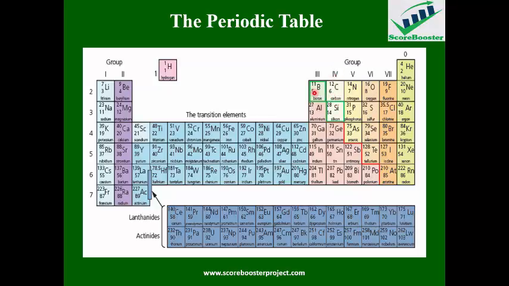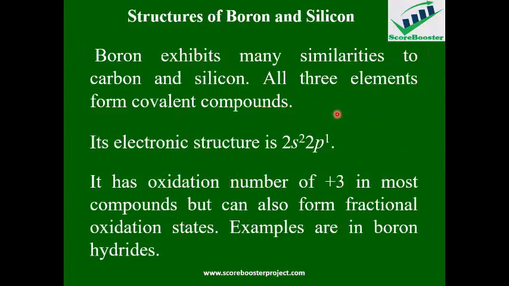Boron has some similarities to carbon and some similarities to silicon, because they are in the same family as metalloids. So all 3 elements form covalent compounds. That is the common property common to the three of them, and indeed to all those elements that we are going to talk about today.